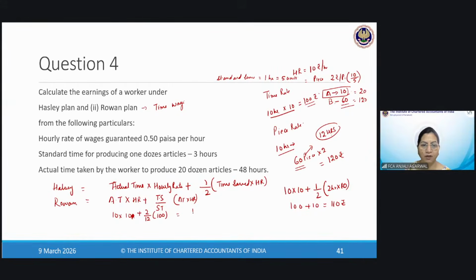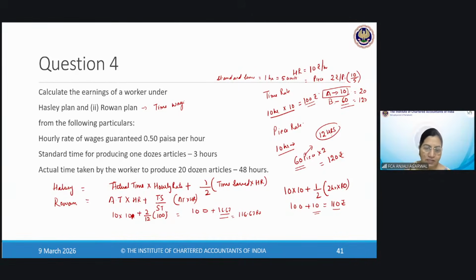So he would have got 100 plus 16.67, that is 116.67 rupees. So his bonus would have been 16.67. Here it is 10. So you can see that Rowan has paid more bonus.